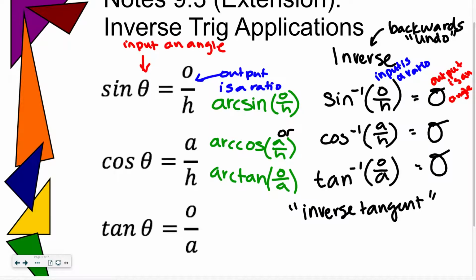Sometimes instead of using that -1, we use this phrasing: arc sine, arc cosine, arc tangent. Those just mean the same thing, inverse. So I should put in a ratio and I'll get out an answer. It's just another way to write it, which of course is sometimes super annoying. Why would we give you more than one? In pre-calculus, I always tell my students, I just need you to recognize it. If it says arc cosine, you know that it means inverse cosine. You can always change it if you want, but those things are really the same thing.